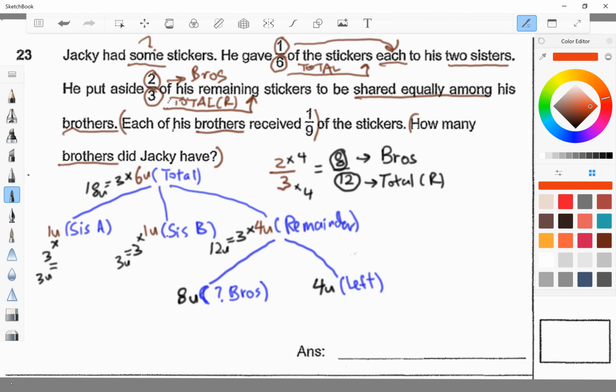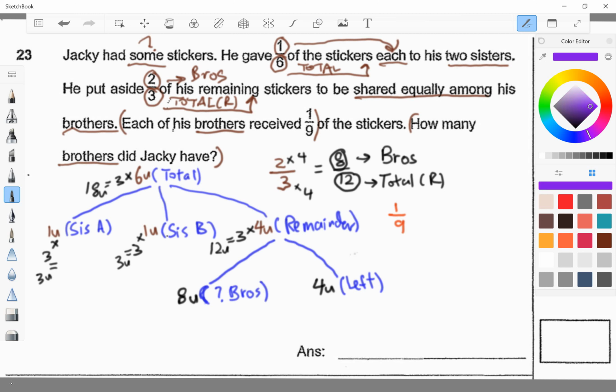So what should we make of this? If 1 out of 9 of the total is for each brother, and I realize that after doing all the changes, my total units has been changed from 6 units to 18 units. Which also means that I need to change my denominator 9 to reflect the total units of 18.